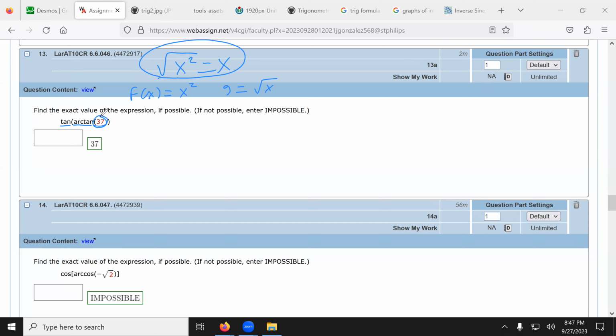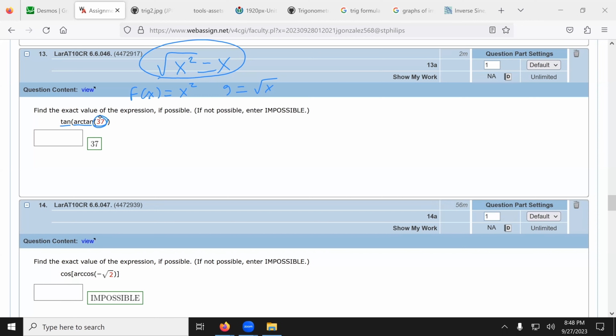Does that make sense? Yes. But the only issue is whatever is inside here that I circled. It will only cancel if the domain's okay. We can't just assume, oh yeah, 37, who cares?